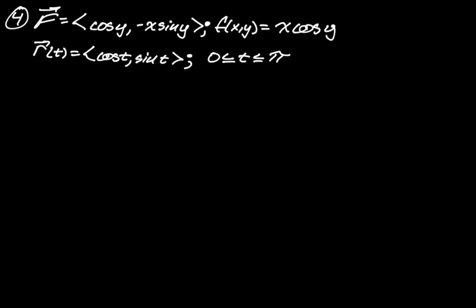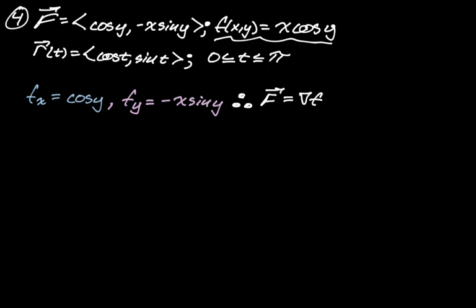Partial x is just going to be cosine of y. Partial y is going to be x times the derivative of cosine y, so it's going to be negative sine of y times x, or negative x sine of y. Look at what we were given. It is the case that our vector field is the gradient of our potential function.